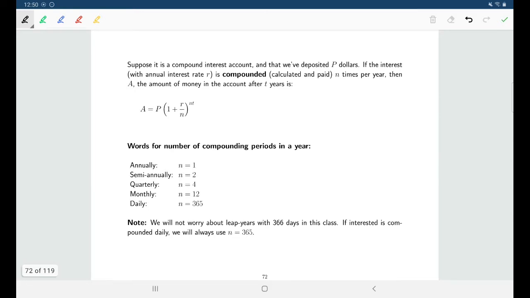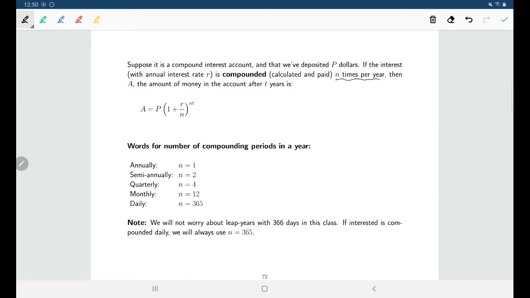So the formula that we have for compound interest takes into account our principal P, takes into account our interest rate R. It also takes into account T, the length of time that we have our money in the account, but also takes into account N, the number of compounding periods per year.